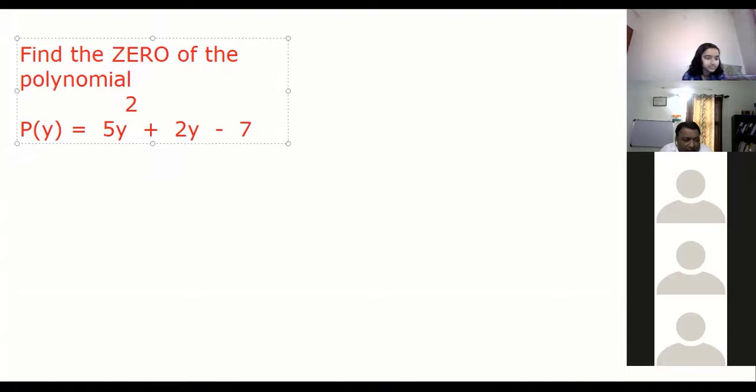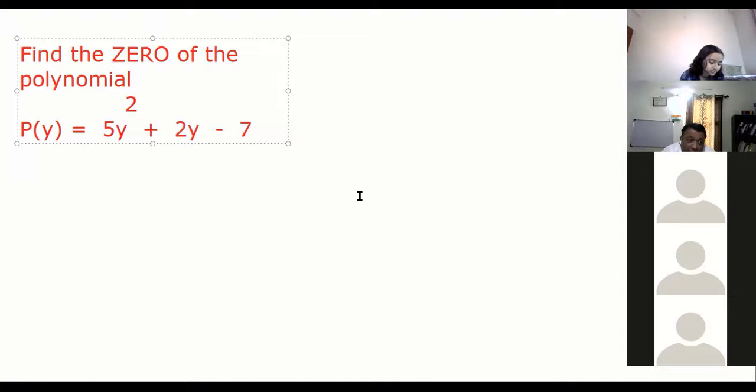Tell me. Find the zero of the polynomial. We have to find that value of y where this polynomial becomes 0. So substitute y equal to 0 or y equal to 1 or y equal to 2 or y equal to minus 1. Try it out. Whichever value you get where the polynomial value becomes 0, that is known as the zero of the polynomial.